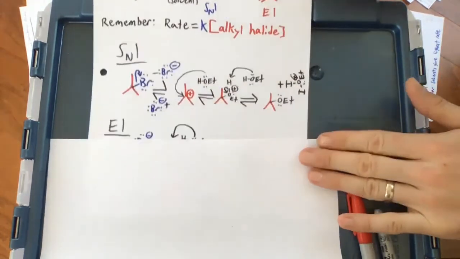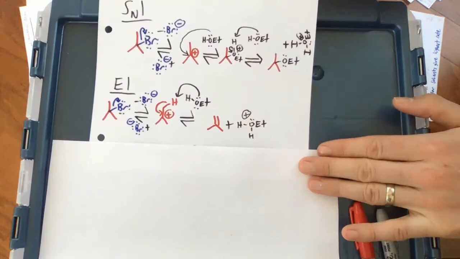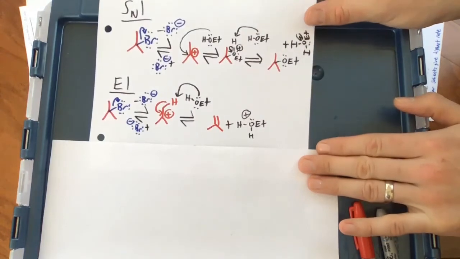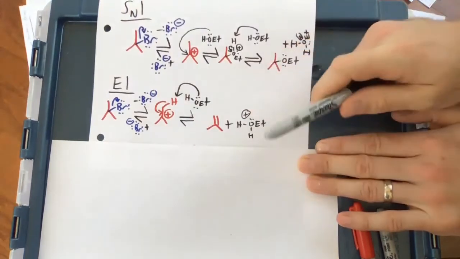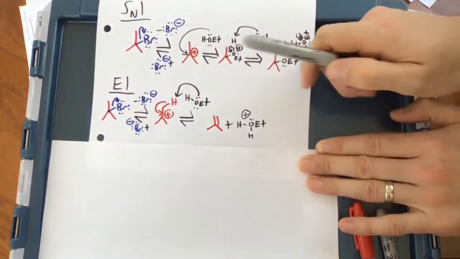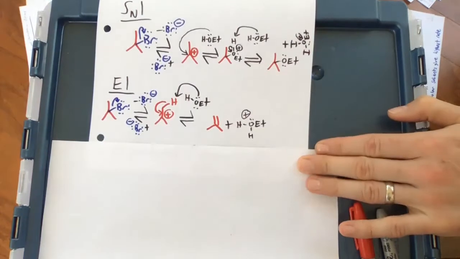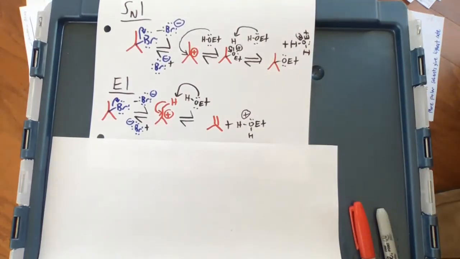Okay, now in E1 reaction mechanisms, you might see that things are pretty similar in that the leaving group leaves first and the carbocation is generated. But this time, instead of the solvent attacking, you actually have the solvent acting as a base and taking one of the protons to eliminate into the formation of a double bond.